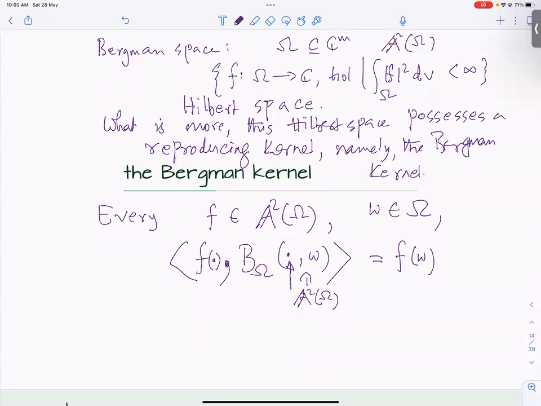You take its inner product with F, what you get is F of omega. This is like your Cauchy integral form, if you want to make a connection. It should remind you of the Cauchy integral formula.